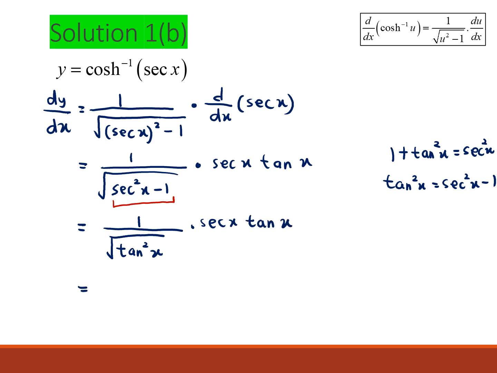So the square root of tangent square x will be tangent x, so we get 1 over tangent x times secant x tangent x. So this will be 1. So the final answer is secant x. So the derivative of this equation will be secant of x.